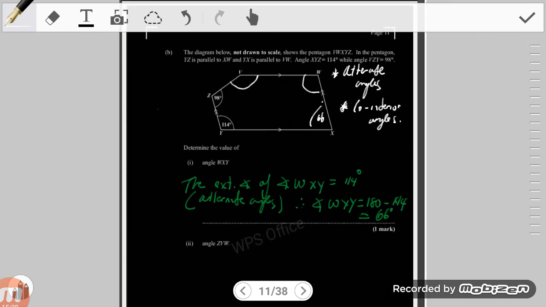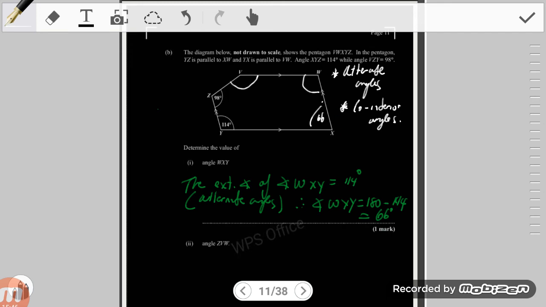Since these two were parallel and there is a transversal cutting them, and we see that these two angles on the same side of the transversal add up to 180, then it's a similar idea where these two lines are parallel, that is the line VW and YX, and these two angles are on the same side of the transversal WX.